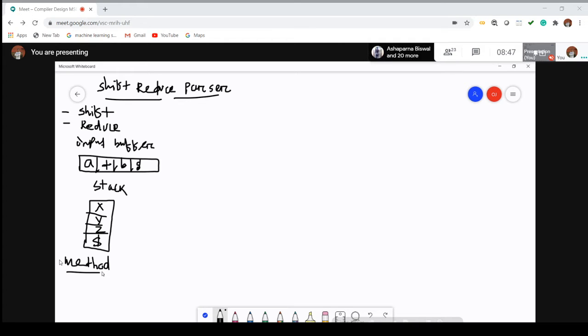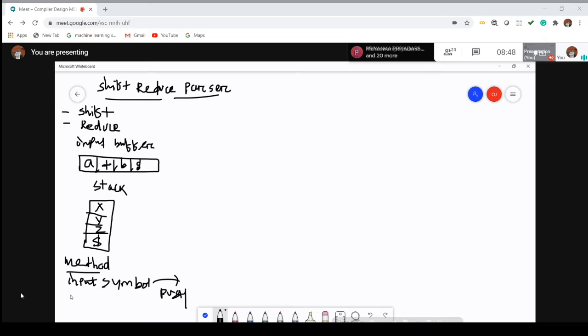So first step, for a given input string, an input symbol is taken from the input buffer and placed into the stack. This operation is called the push operation.